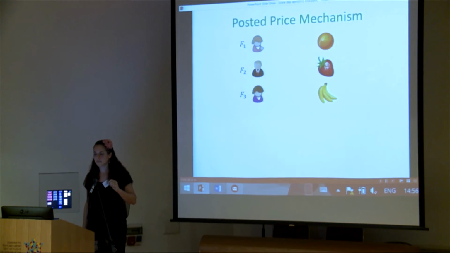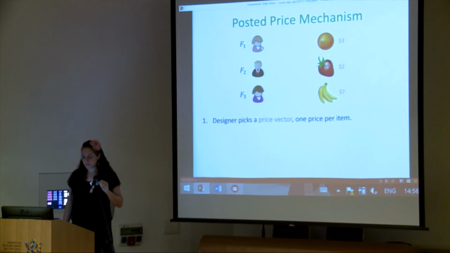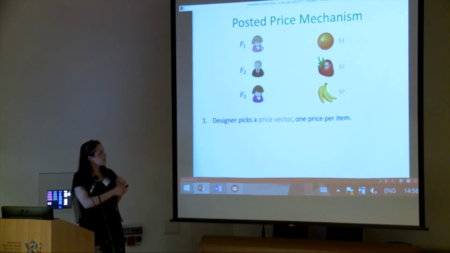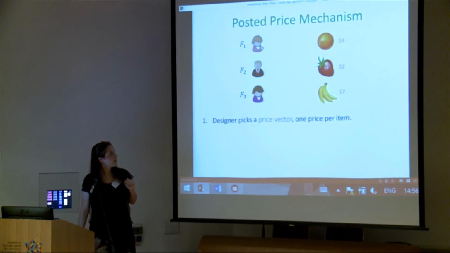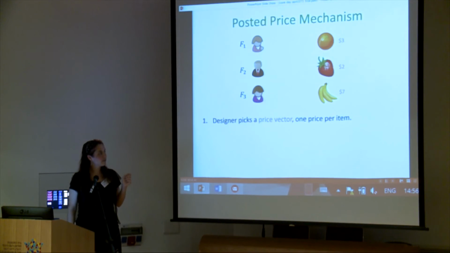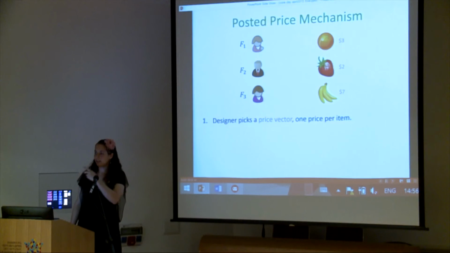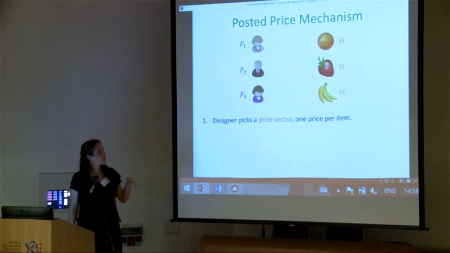First of all, we have agents, and the agents have their distributions. The designer picks a price vector, just one price per item, just like before. And to your question, Yuval, those prices are computed based on these distributions with sample access to these distributions.